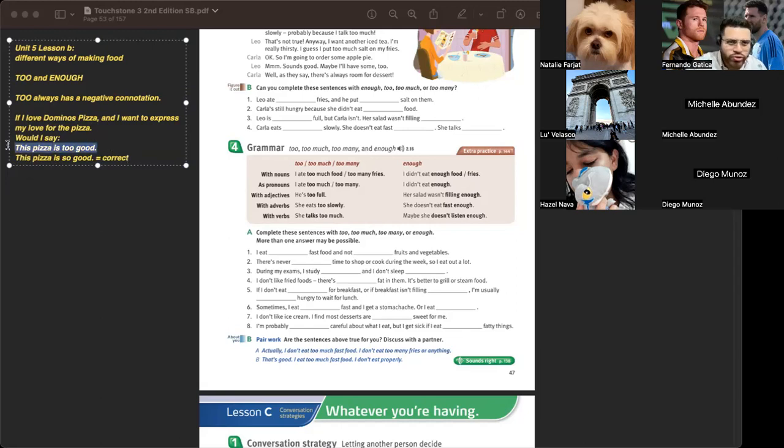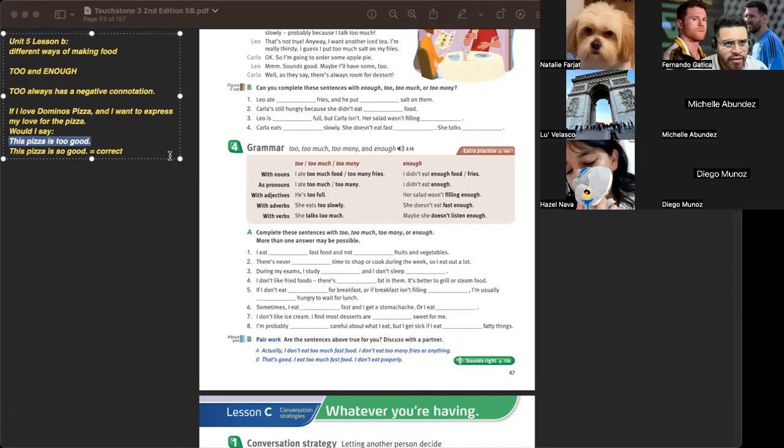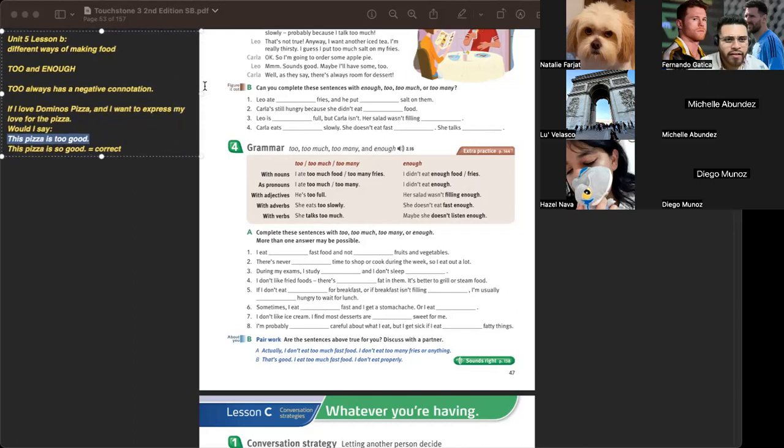Because you don't use too for good things. You do not use too for good things, because too always has a negative connotation. Okay, of course, I can use too with positive words, like, my girlfriend is too good for me.